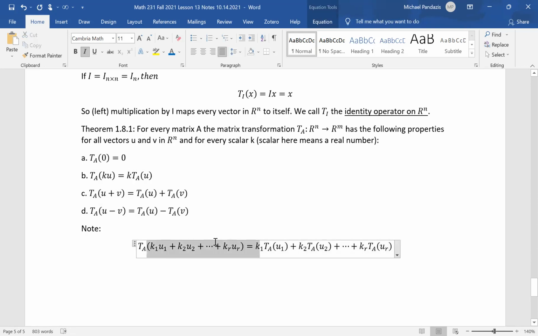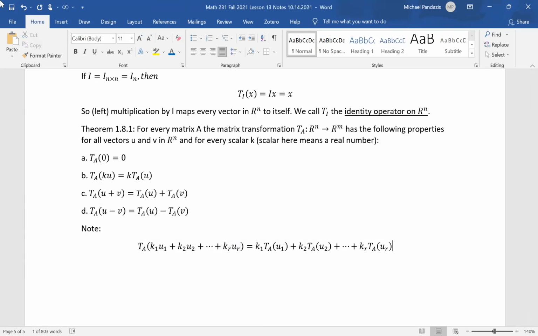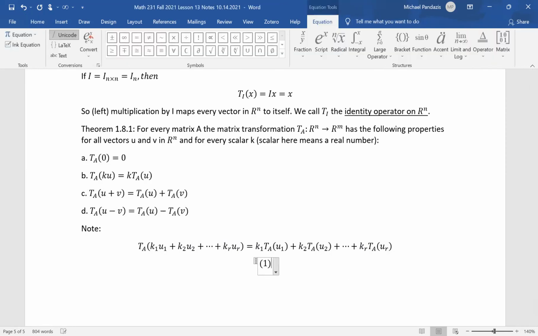So when you think of T sub A of the sum as T sub A of each separate term and adding those, each time you can move the constant out. So you get k1 T sub A of u1 plus k2 T sub A of u2 plus ... plus kr T sub A of ur. Okay, so we have this equation for any input of T sub A, and so this is denoted by 10.